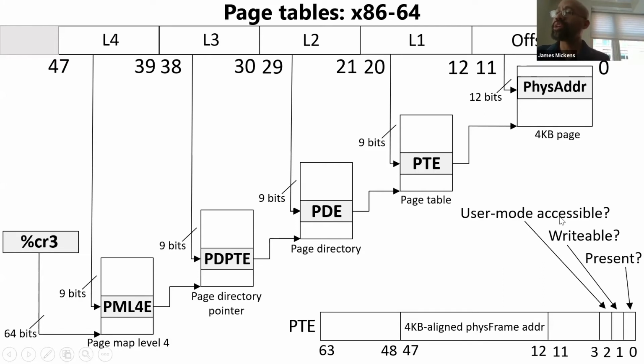Is it user mode accessible, or is it only kernel mode accessible? Is it even present? Is it even mapped into memory right now? And then what we'll do with the no execute bit is add that over here to the end, to bit 63. This is the bit in the page table mapping that the hardware is going to check to determine if a jump to a particular address is going to be a valid one.